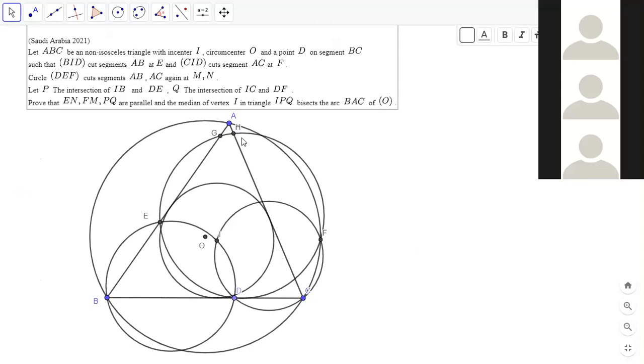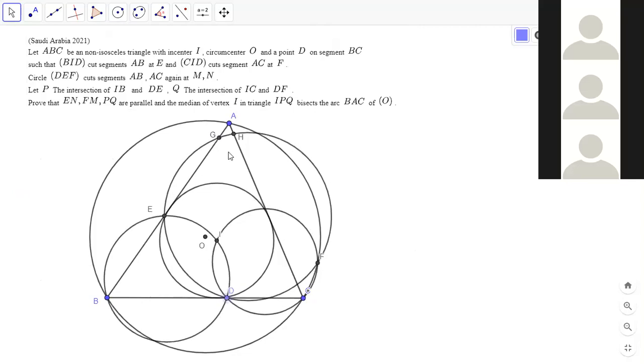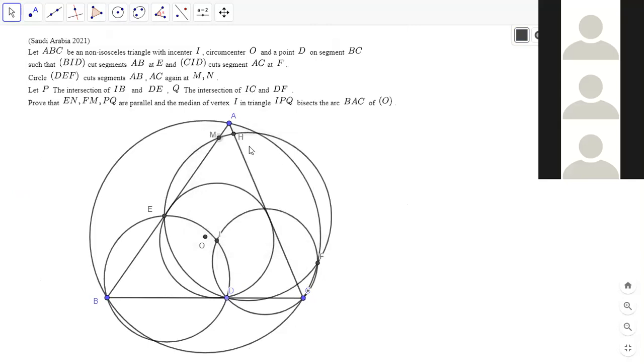I could also move point D around, like that. So this is M, and this is N.